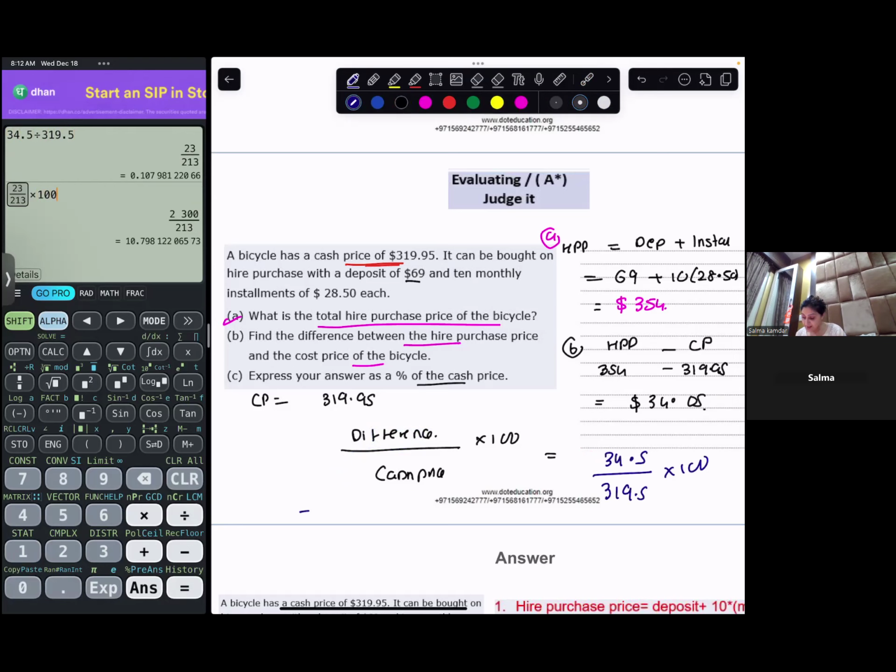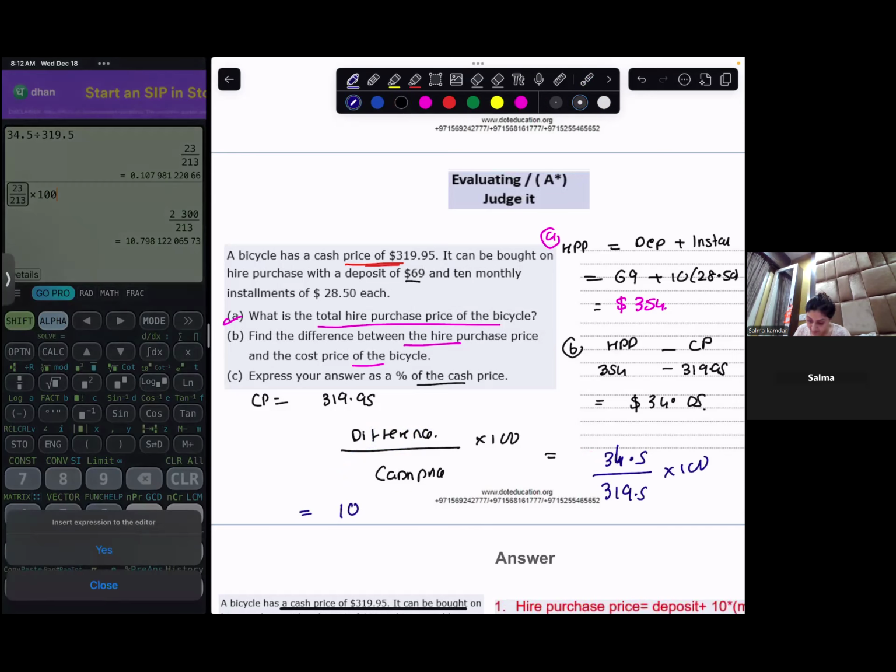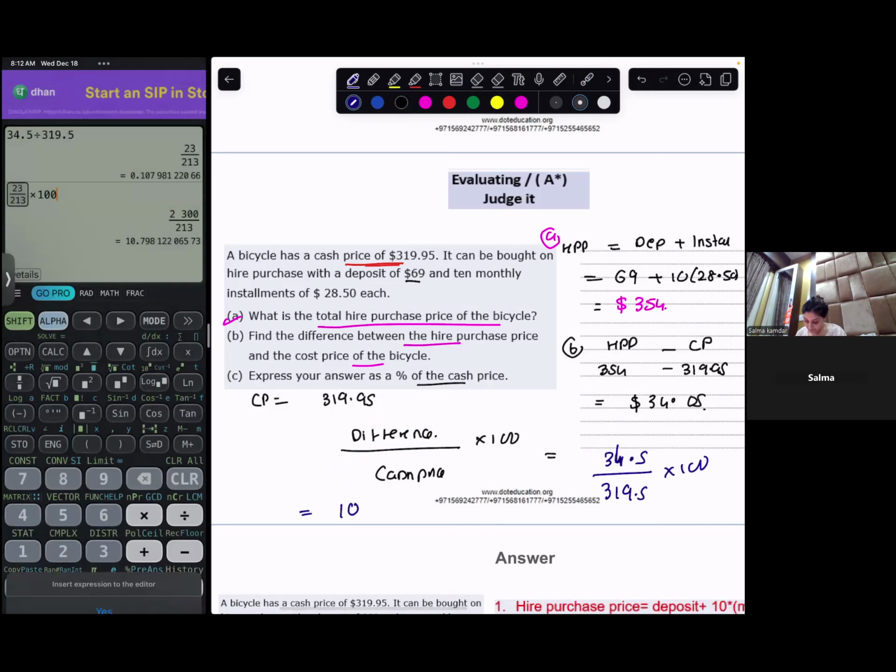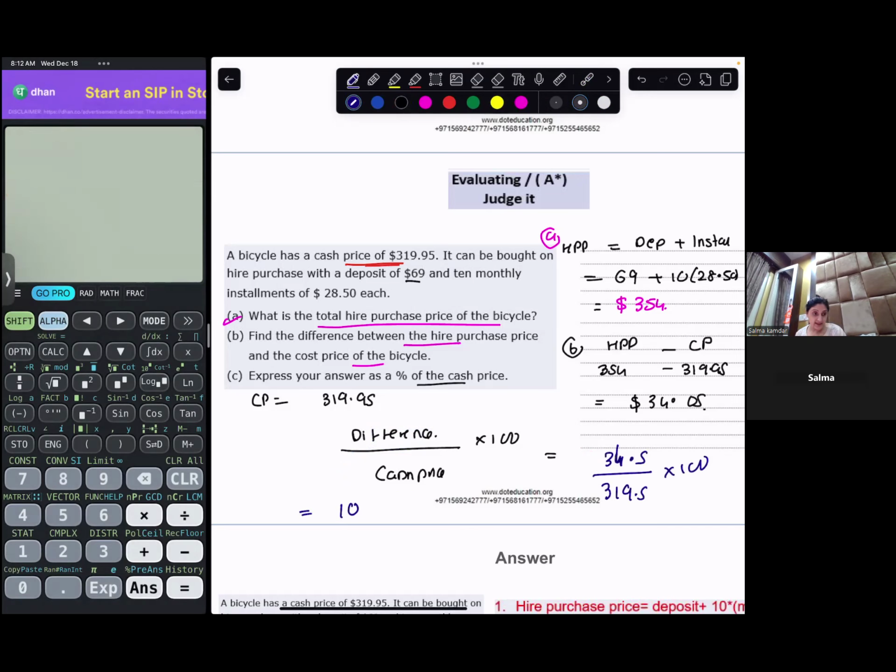So the answer as a percentage of cash price would be 10.64%. Change this. I'll do it again.